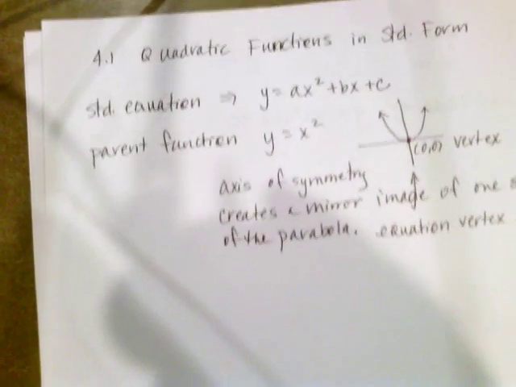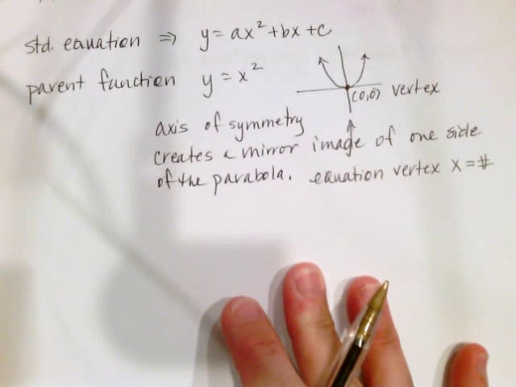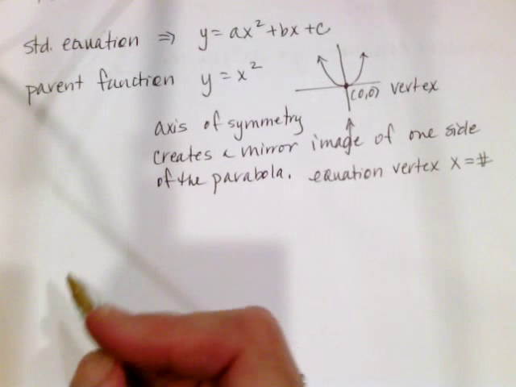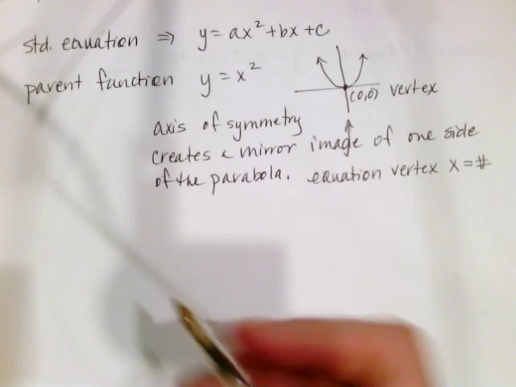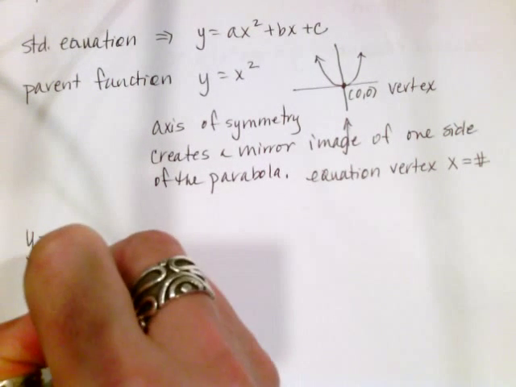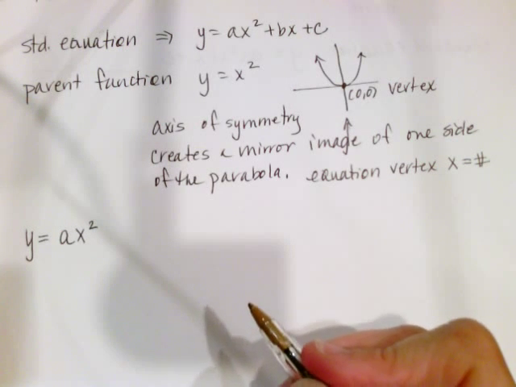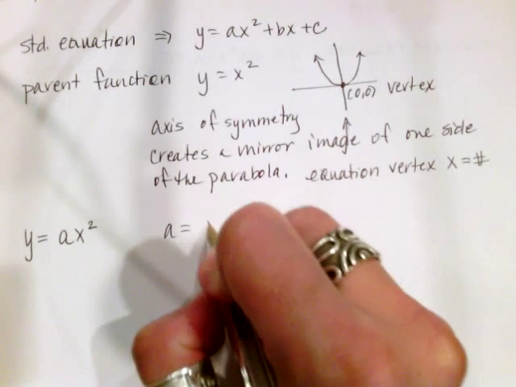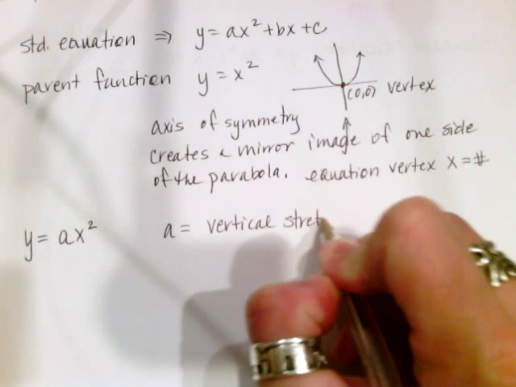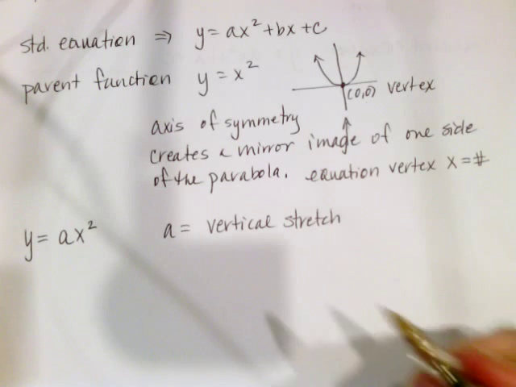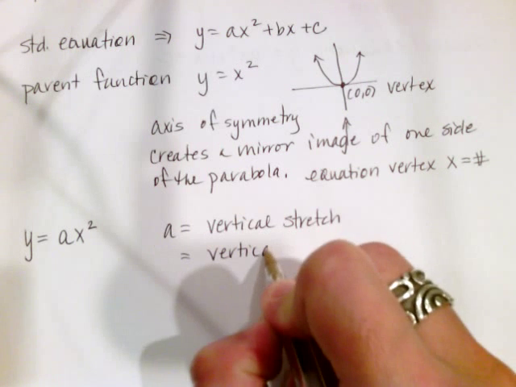Okay, so if I want to graph my function, the first thing that we're going to talk about is a. If I have my parent function, y is equal to x squared, and I add an a, I know that a is either the vertical stretch, we've talked about transformations before, or it's going to be a vertical shrink.